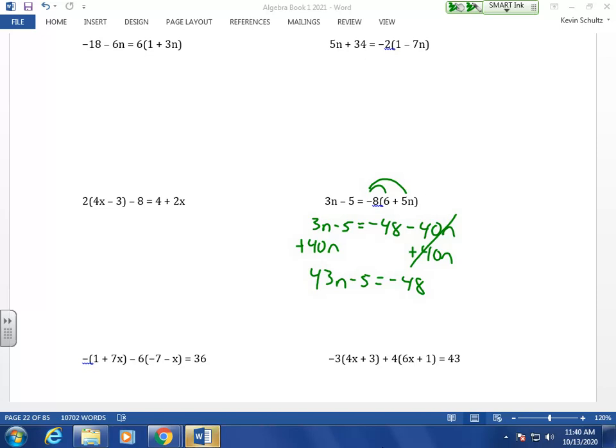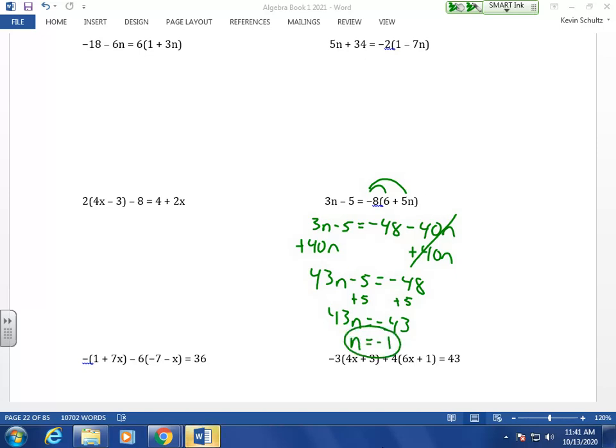Now I'm at my two-step equation. I'm comfortable. I'm going to add 5 to both sides. I've got 43n equals -43. Divide by that coefficient, and -43 divided by 43 is -1.